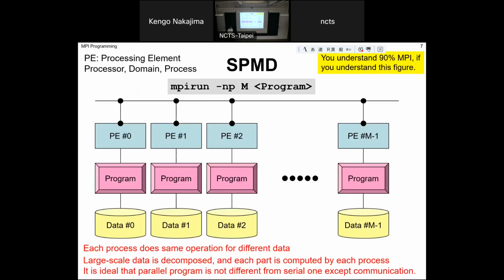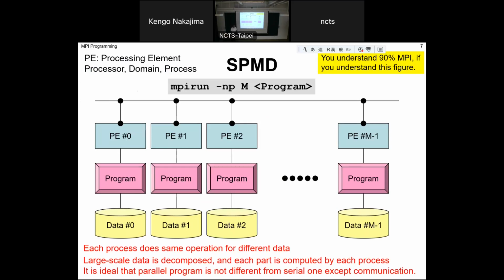Okay, so these are the procedures of SPMD. Single program means that in each process the same program is running, but the data is different. Each process does the same operations on different data. The large-scale data is decomposed, and each part is computed by each process. Ideally, parallel programming is not different from serial programming, except for communications.